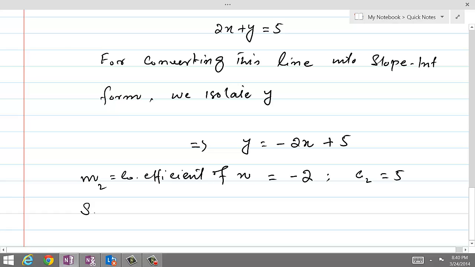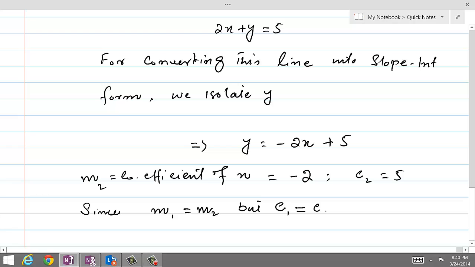Since M1 is equal to M2, but C1 should be distinct. These values of C1 and C2 should be distinct, but they are not, they are equal.